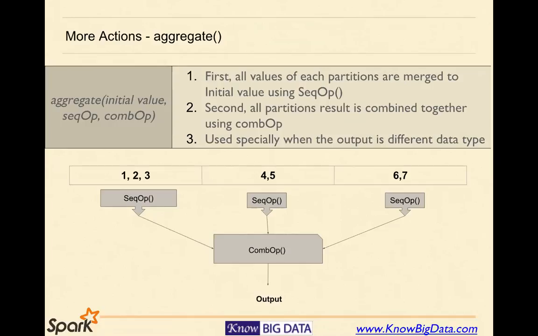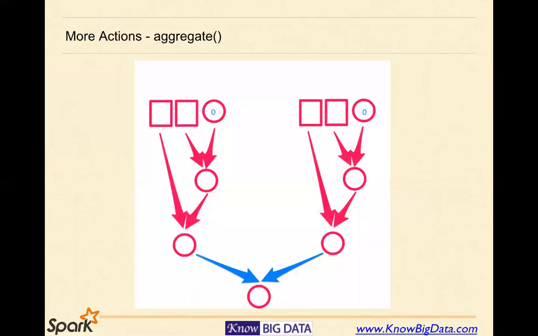And then the combine operation is called. This combine operation combines the two values from both the partitions, and then the result is given as the output. All right. So in these cases, this is basically a more flexible form of the reduce function. So this diagram would make it more clear to you.